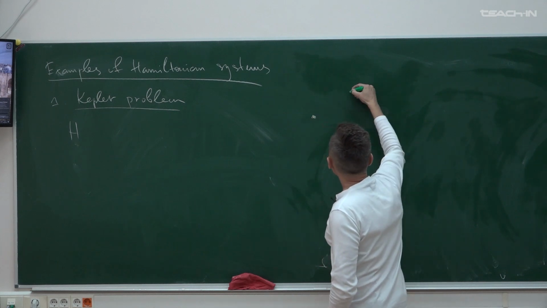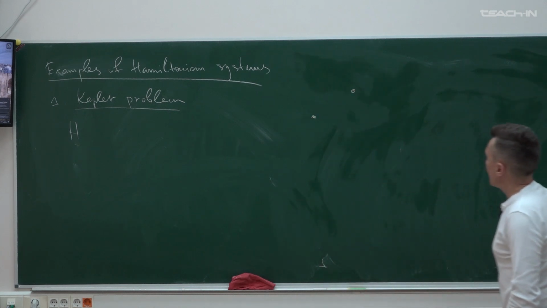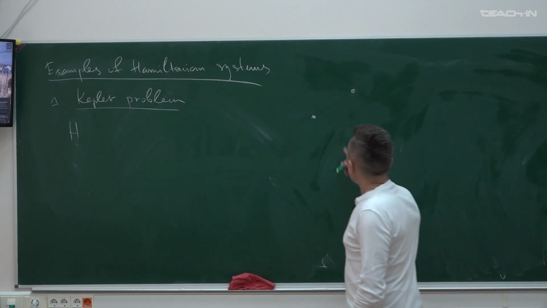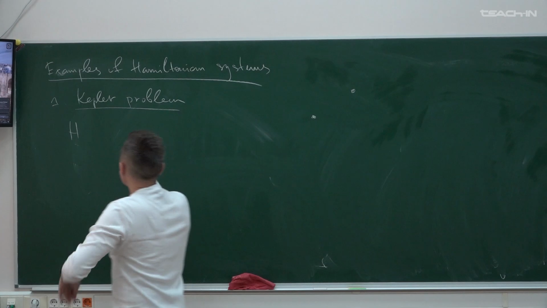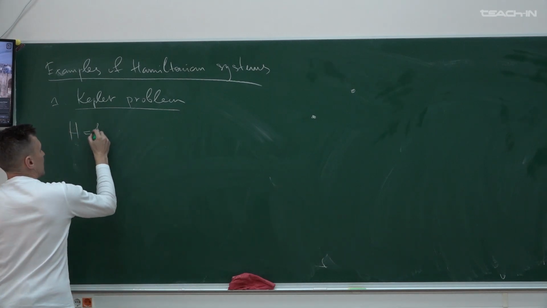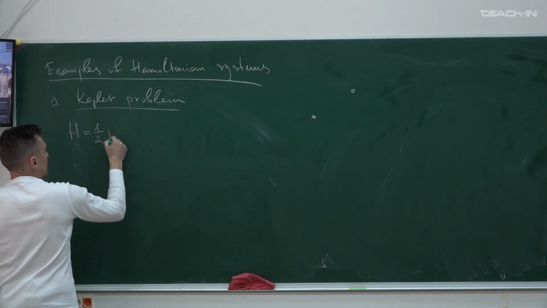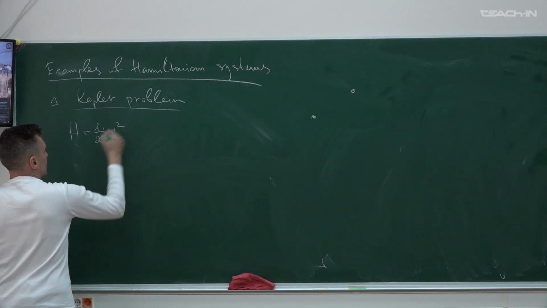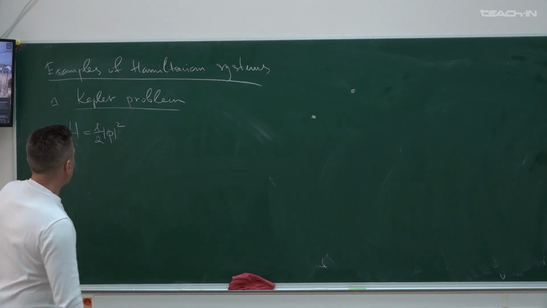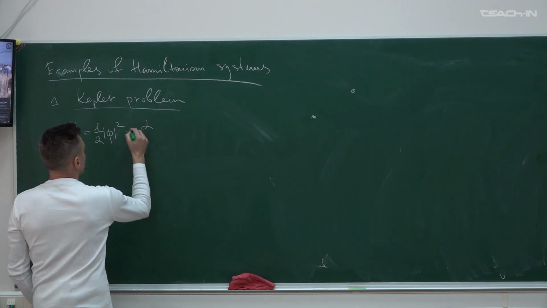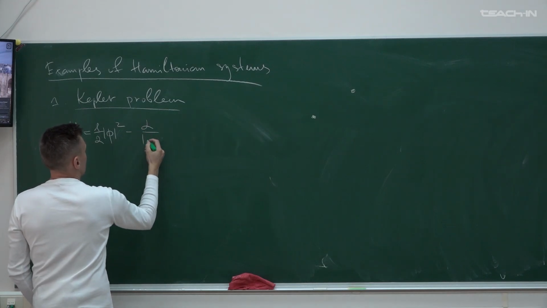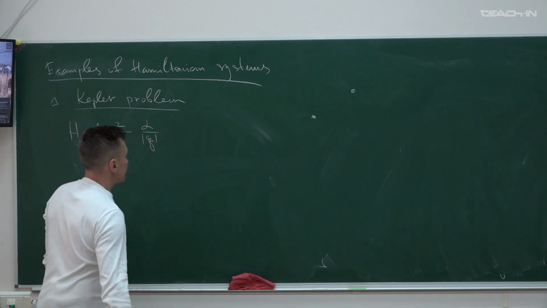So it's the sun, it is our Earth, and the energy is described by the kinetic term p square and by some potential term which will be like this.